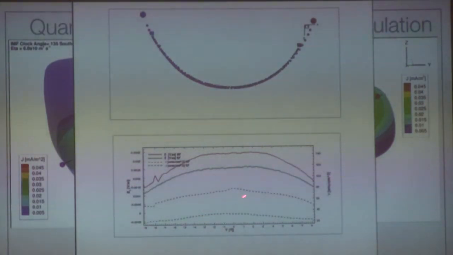The other thing we find is, the density is on the right here, and the electric field is on the left. Electric field is solid, and dashed is density. So even though the density is higher in the multi-fluid case compared to the single fluid case, we're finding that the reconnection electric field in the multi-fluid case is actually a little bit higher than in the single fluid case.